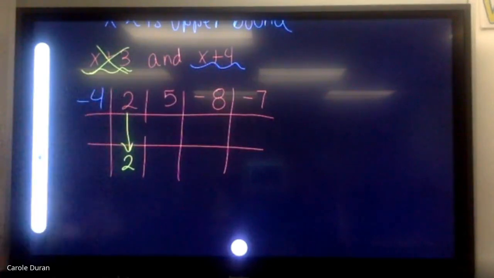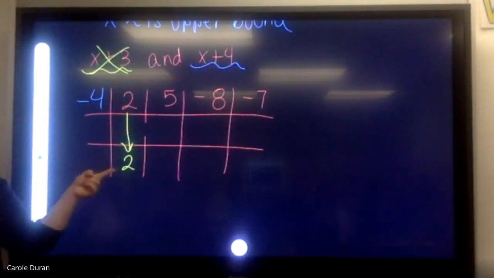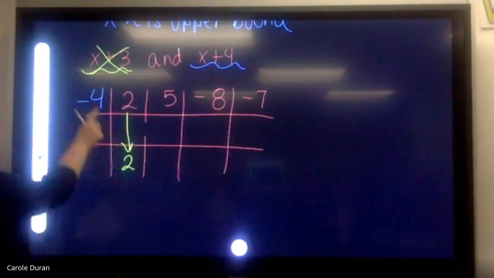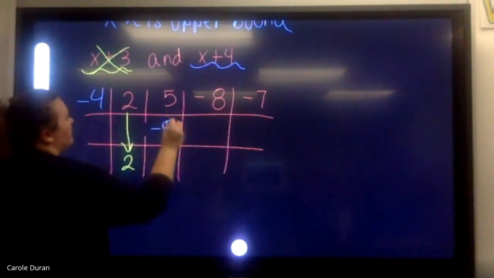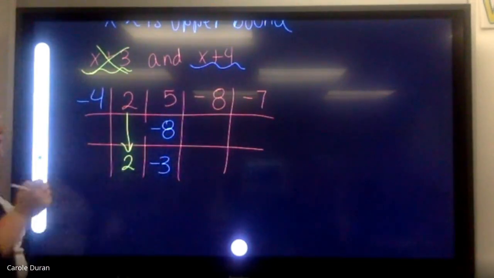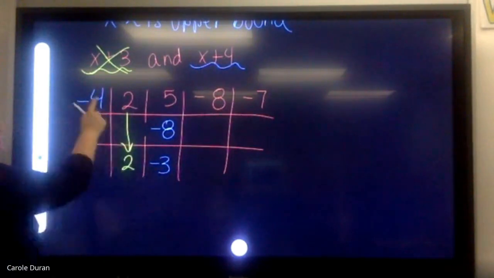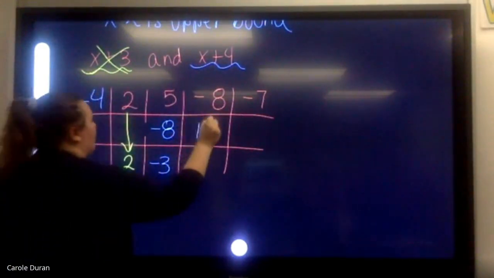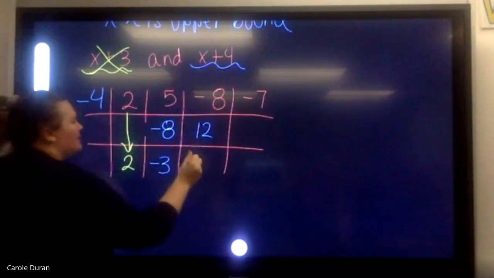Again, this is a negative value, so if I'm looking for a bound, it will be a lower bound. The first coefficient drops all the way down just like normal. Then 2 times a negative 4 gives me a negative 8. 5 plus a negative 8 is a negative 3. So far, so good. Negative 3 times a negative 4 is a positive 12. Negative 8 plus 12 is 4.